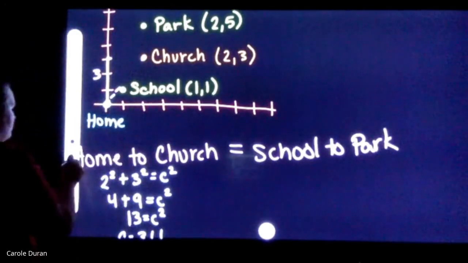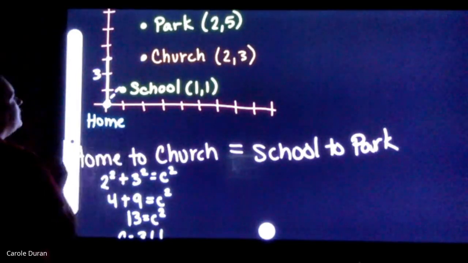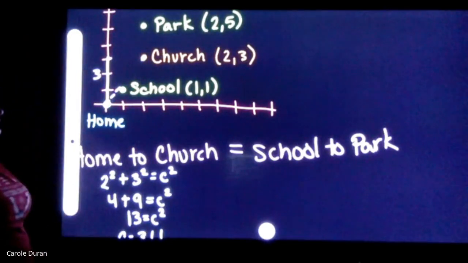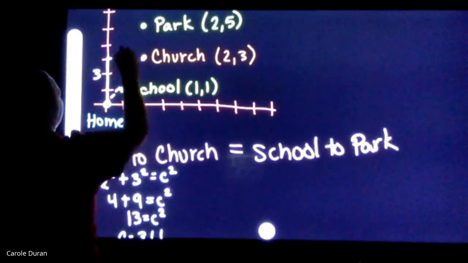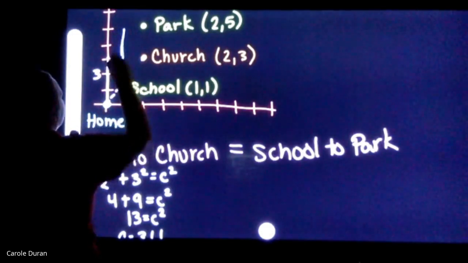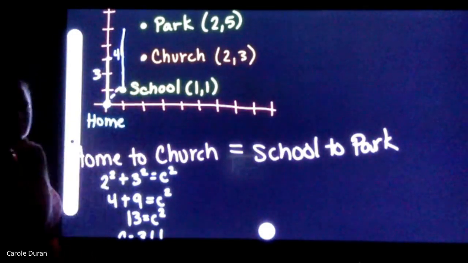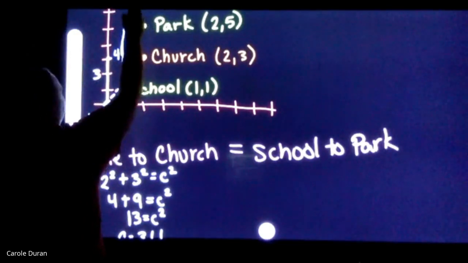That's your choice. I'm going to use blue for this one. So I'm going from the school to the park. So starting at the school, I have to go up 1, 2, 3, 4 units to get in line with the park. Then to get to the park, I need to move right 1 unit.